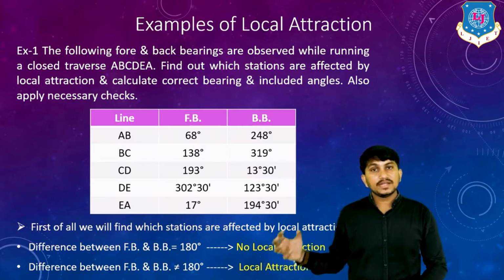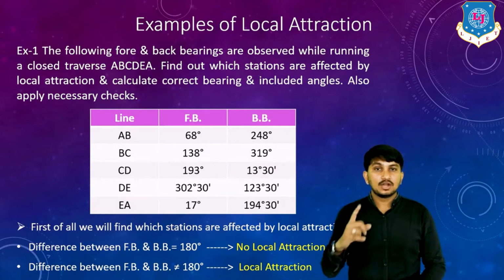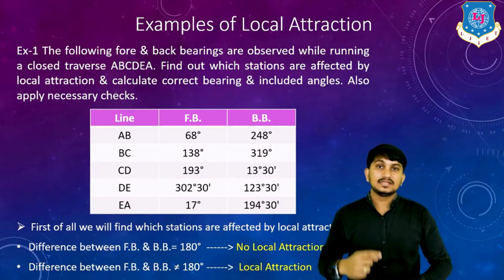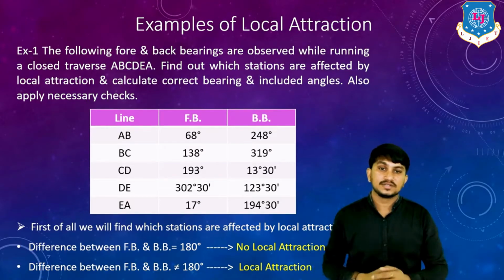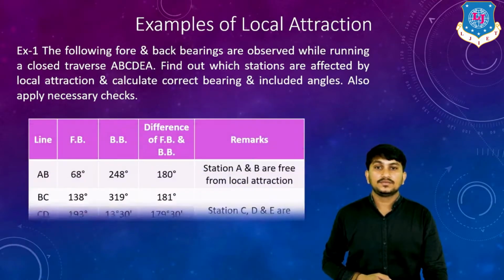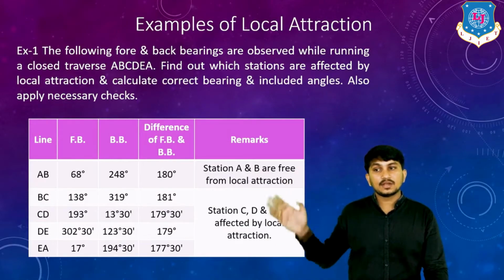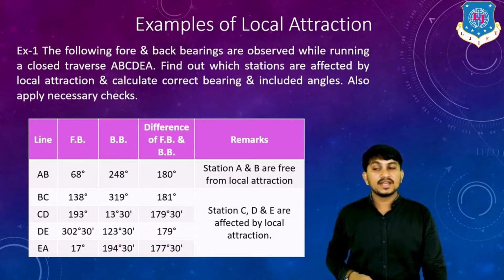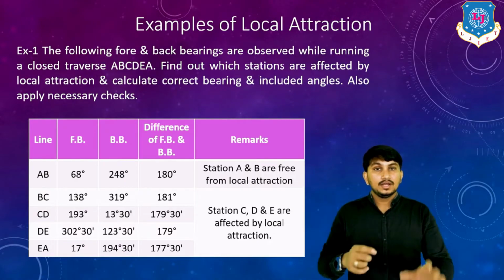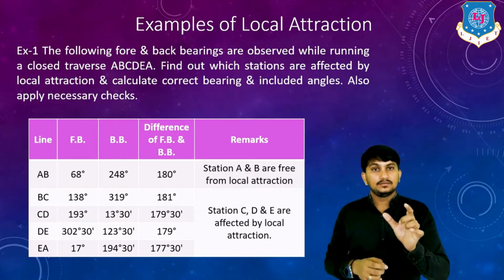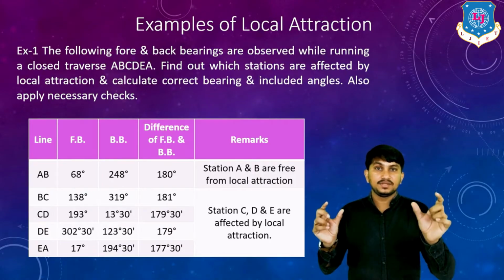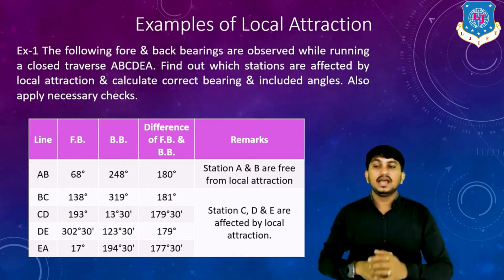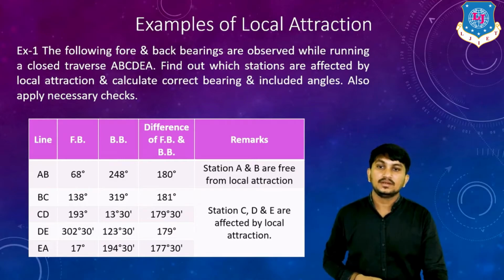If the difference between FB and BB is not equal to 180 degrees, it means there are chances of local attraction at those stations. So first we have found out the difference of fore bearing and back bearing. In line AB, the difference of fore bearing and back bearing is equal to 180 degrees. So line AB, which connects station A and station B, these stations A and B are free from local attraction.